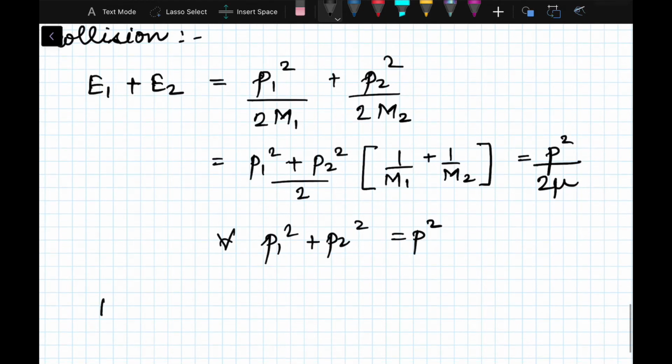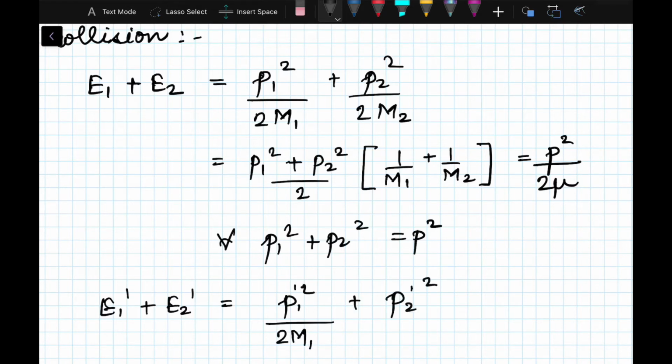Similarly, we can define E1 primed and E2 primed as P1 primed square over 2m1 plus P2 primed square over 2m2. This will give us P primed square over 2 mu.